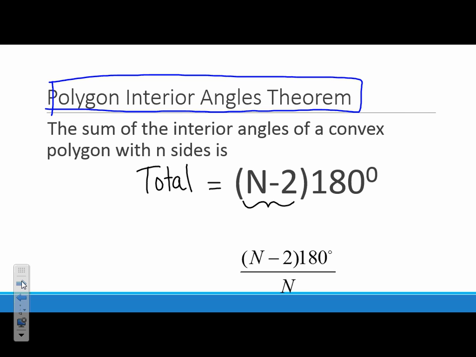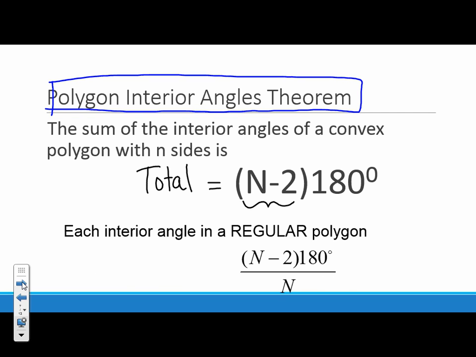Now, if the shape was regular, okay, each interior angle can then be calculated as well. So make sure this is in your notes as well. Each interior angle, each individual angle, so not just the total like this, but each one individually in a regular shape, can be found by taking the total and dividing it by the number of angles.